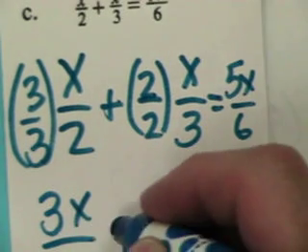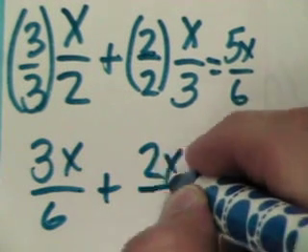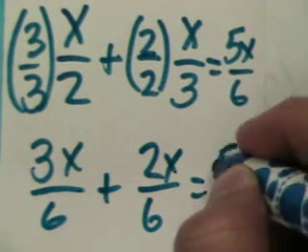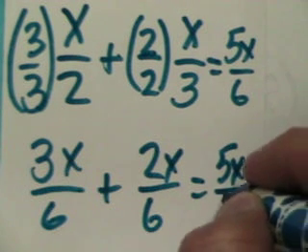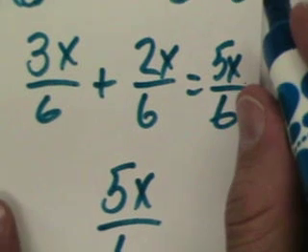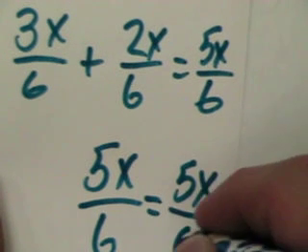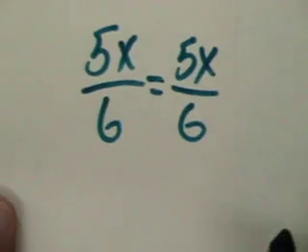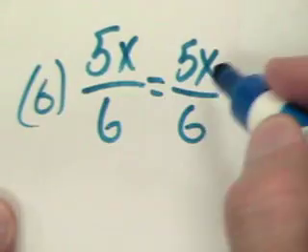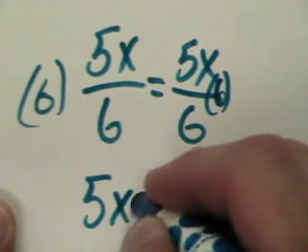3x over 6 plus 2x over 6 equals 5x over 6. Next step, 5x over 6 equals 5x over 6. If I multiply both sides by 6, I will just get 5x equals 5x.